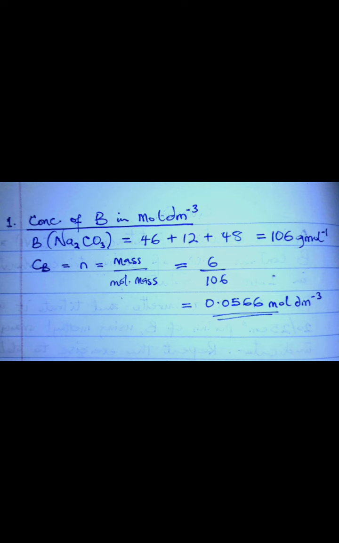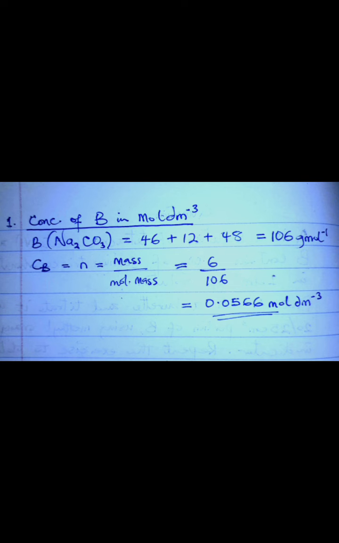Na is 23. So 23 times 2 is 46, and then C is 12, so plus 12, and then O is 16. 16 times 3 is 48, so plus 48. So 46 plus 12 plus 48, and we have 106 gram per mole as the molar mass of B, which is Na2CO3.